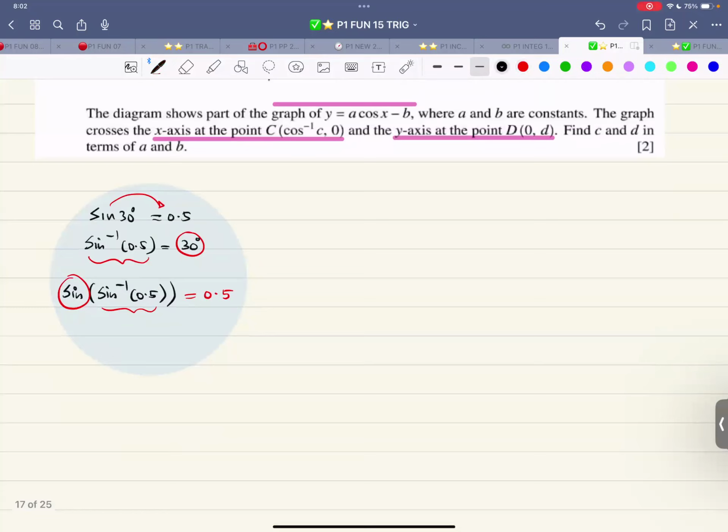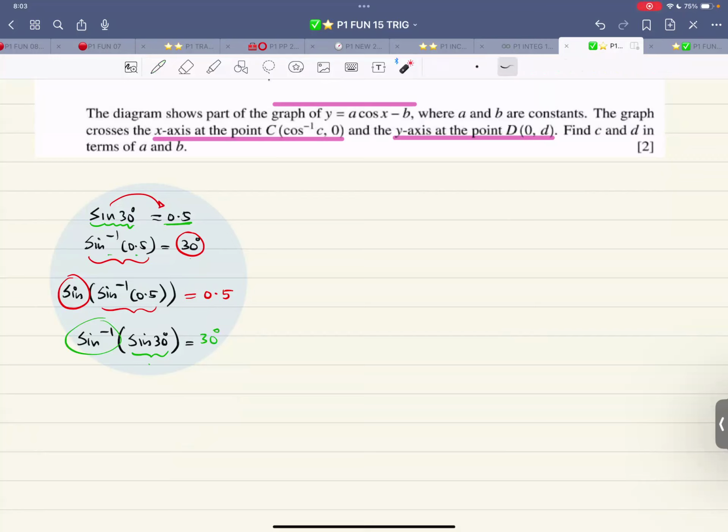Let me write it in another way. Sine inverse of sine of 30 degrees. What is sine of 30 degrees? Sine of 30 degrees is 0.5. So this is 0.5. And sine inverse of 0.5 is 30 degrees.